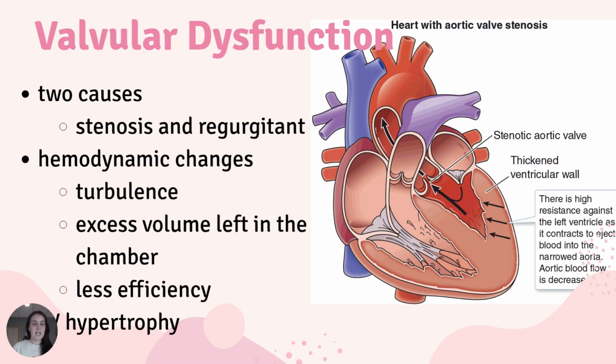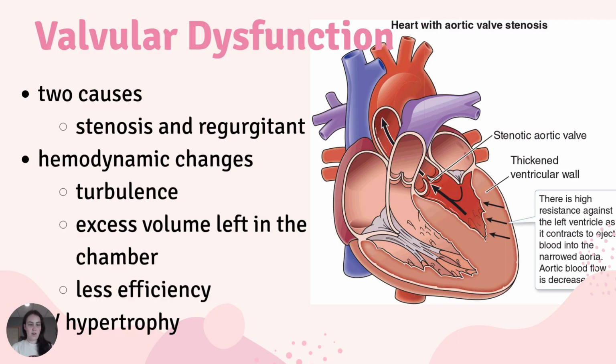Our next slide is valvular dysfunction. And before we kind of get into like the nitty-gritty of this chapter, it's super important to know which valves are what. So make sure you know those before going over this chapter, because knowing especially what side of the heart they're on and where those valves lead to, like atrium to ventricle or ventricle to pulmonary vein, that is pretty important for this chapter.